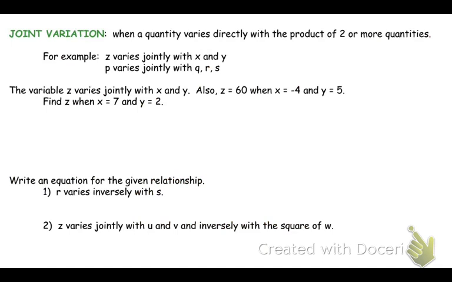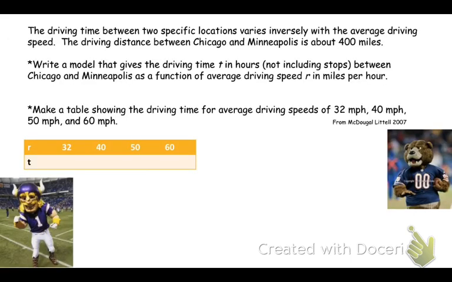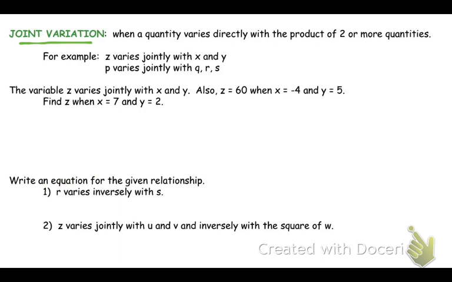So in your notes, you should have your equations and examples for direct variation and inverse variation. And the final one we're going to look at today is joint variation. All right, while direct variation and inverse variation were covered in Algebra 1, joint variation was not.